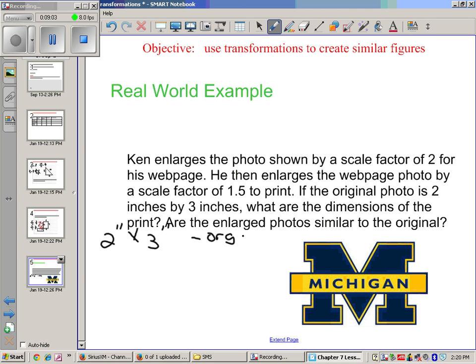Remember, on our scale factor, we multiply. We're going to multiply each one by 2. So we have 2 times 2, which is 4, and 3 times 2, which is 6. So that gives us our web page photo. 4 by 6 is the web page.